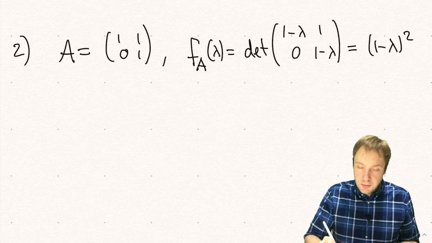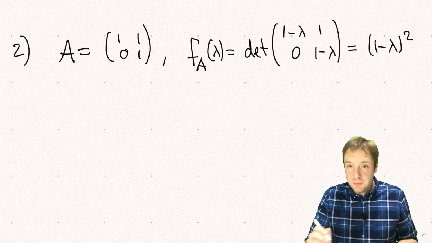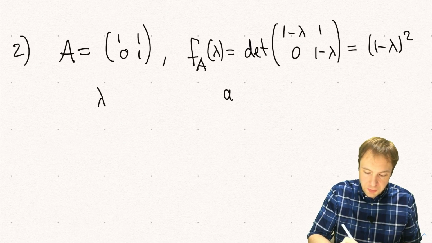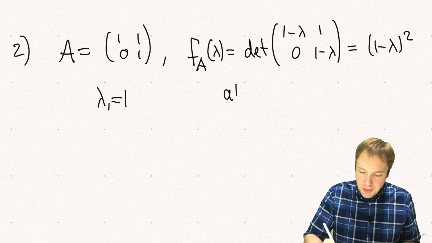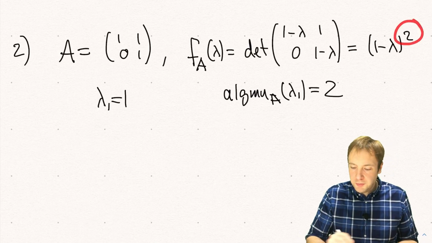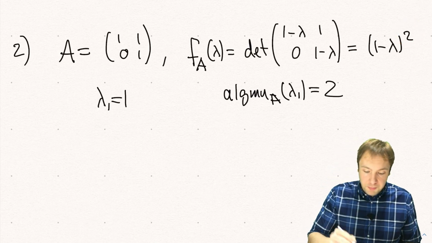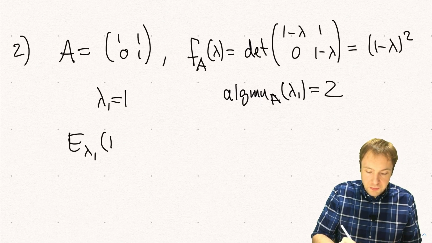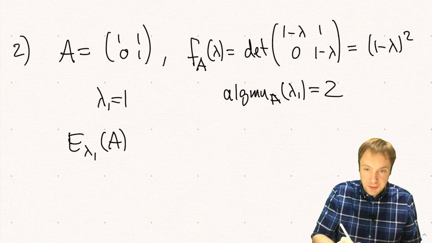So we have one eigenvalue, lambda 1 is 1, and the algebraic multiplicity for this lambda is 2, because of this 2 here. But what is the eigenspace of this eigenvalue for this matrix A?